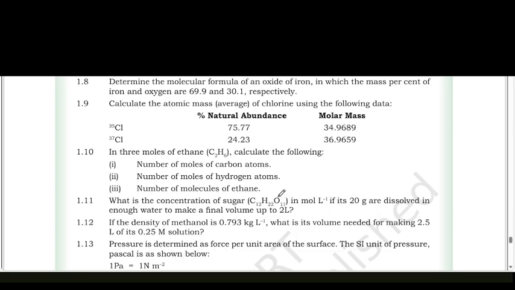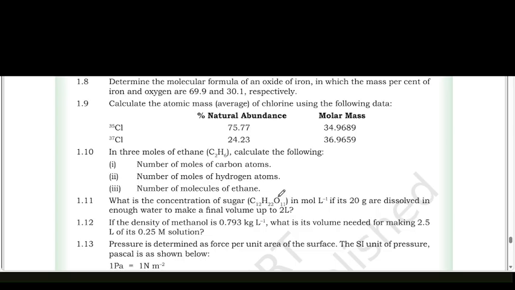And then you need to find the number of moles. Moles will be 972.9 by 63 equals 15.44 moles.